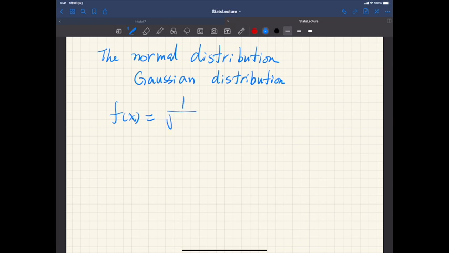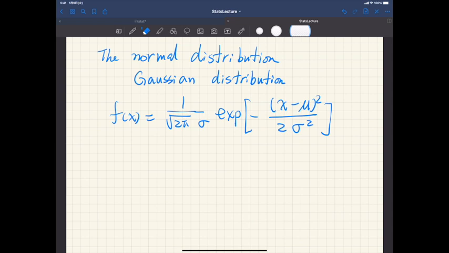So 1 over square root of 2 pi sigma, exponential of minus (x minus mu) squared over 2 sigma squared. So we have two parameters, this sigma and this mu. And this variable x can take any real values.